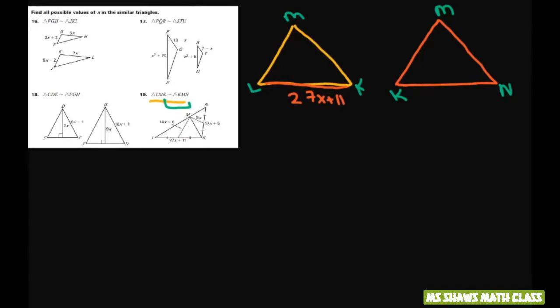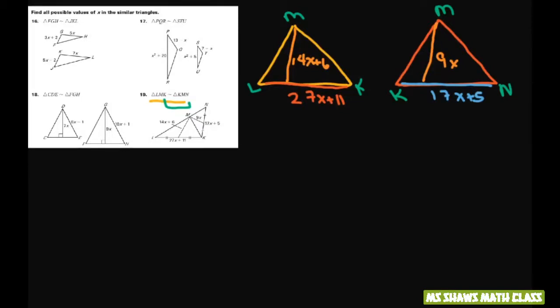And then this length here, K to N, is 17x plus 15. And let's draw the diagonals here. So this piece is 14x plus 6. And then this piece would be 9x.